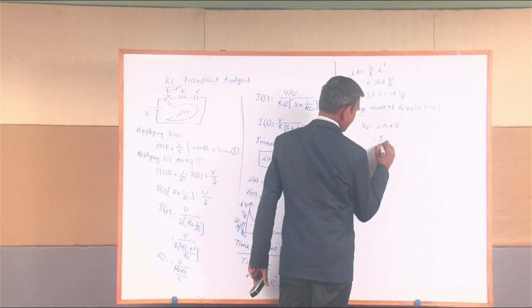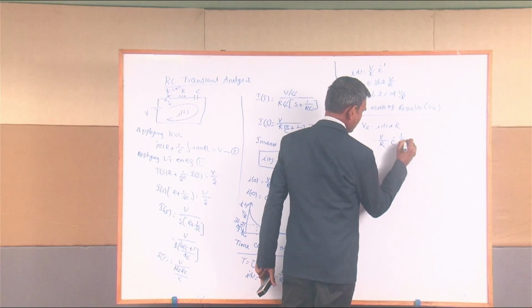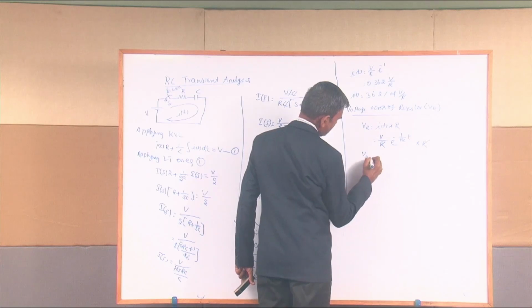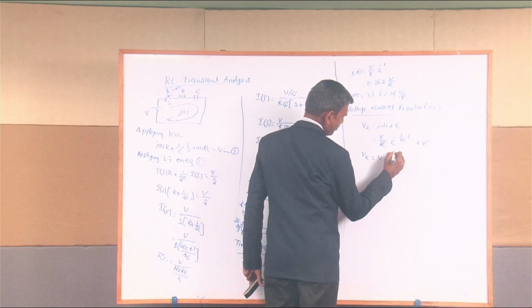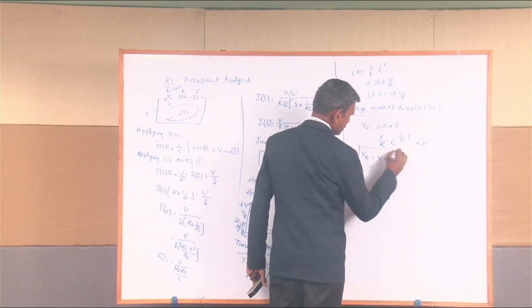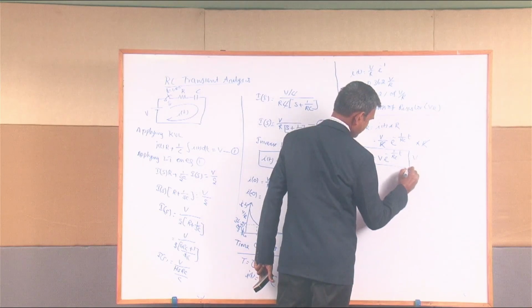So V by R into e to the power 1 by RC into t, into R. The R will be cancelled. So the voltage across the resistor is equal to V into e to the power 1 by RC into t. So this is the voltage across the resistor.